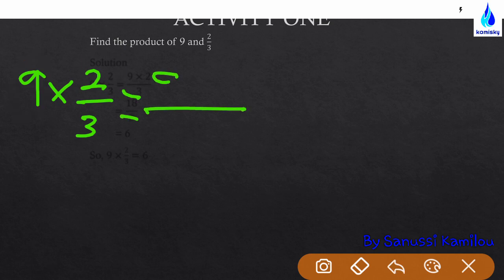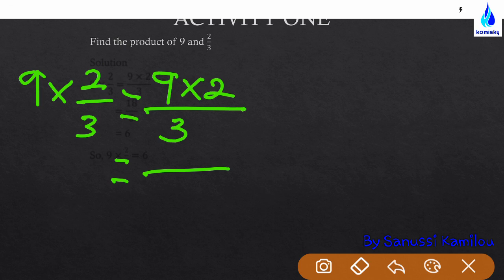Let's see what it will give us. The next line will be 9 times 2 over what? 3. Then you see that the numerator will become 18, and the denominator is still 3. So you ask yourself, will I leave my answer like this? It will not be possible, because 18 is a multiple of what? 3, meaning 3 can go into 18, so we can simplify.